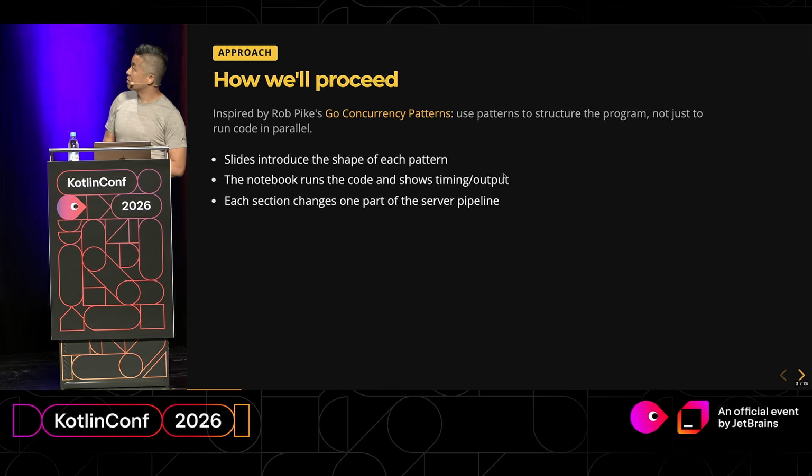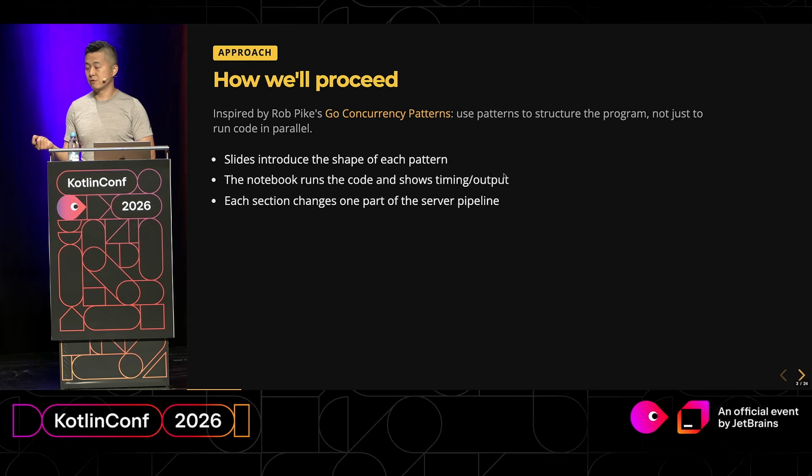So here's how we proceed with the talk. We will use the slides to introduce the shape of each pattern, introduce the pros and cons of each pattern, and we will switch to a notebook to give you a live coding experience. That live coding is important for this talk, mainly because concurrency concepts are really hard to describe on paper. You have to see it in action.